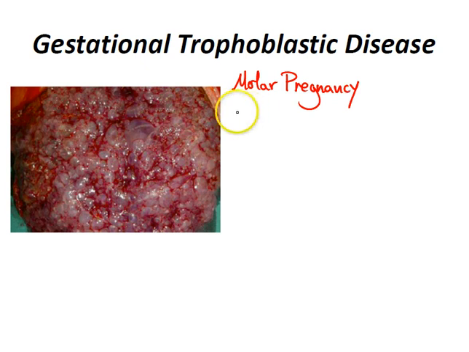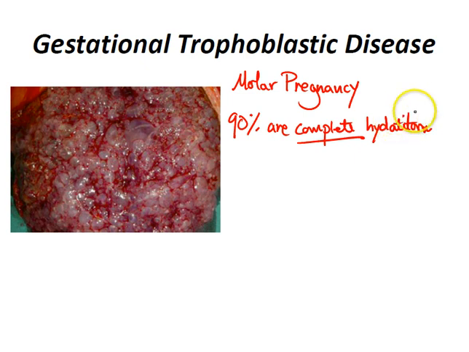Complete hydatidiform moles. What that means is one or two sperm fertilize an empty egg, so all genetic material is paternally derived. You get a duplication of the haploid sperm, and that causes all placenta and no fetus.